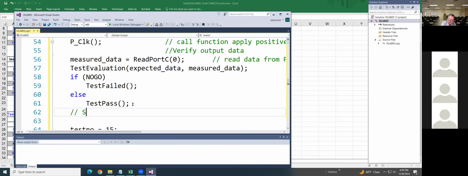Start, set, counting up. Only thing you do, you just say counting up.